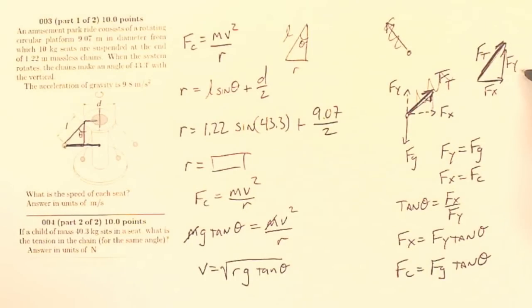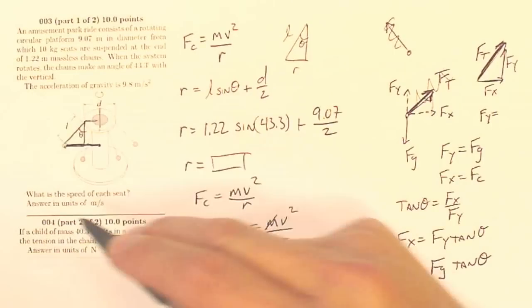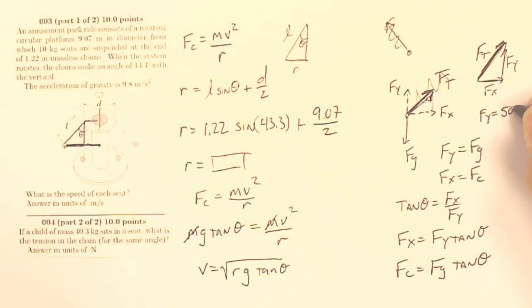I know that this y force has to balance out all the gravity. So now I've got a child of 40.3 kilograms sitting in the seat, and the seat is 10 kilograms already. So I know that my force y is going to be the total mass times gravity. So I've got 40.3 plus 10 is 50.3 times g. That's my mass times the acceleration of gravity.